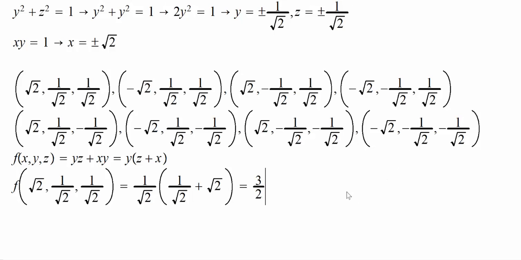And let's just go ahead and calculate the other ones. Now, before I go to the other ones, let's notice this, that I was careless in listing all these points, because xy is 1 means x and y are either positive together or negative together, right?